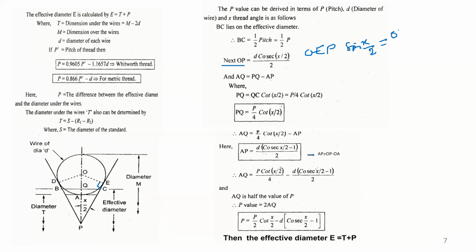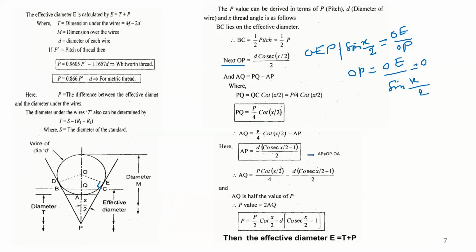It is equal to OE, the opposite side, and OP, the hypotenuse. Therefore, what is OP? OP is equal to OE divided by sine x by 2.